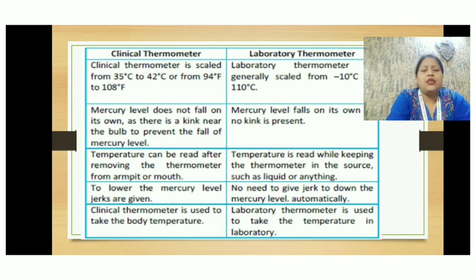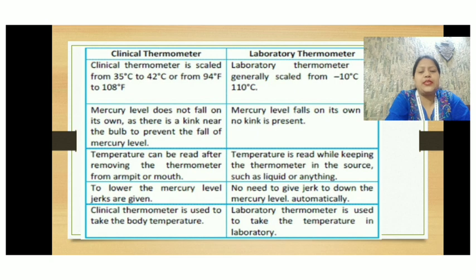The next point is, to lower the mercury level, jerks are given. Before using the clinical thermometer, we have to give some jerks so that the mercury level falls below 35 degrees Celsius. On the other side, no need to give jerks, as the mercury level falls automatically.